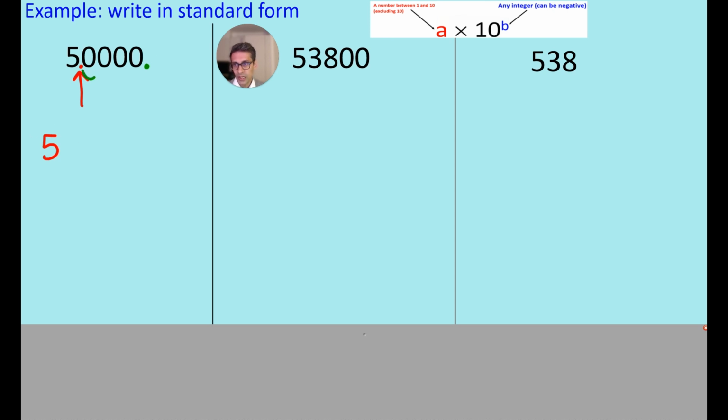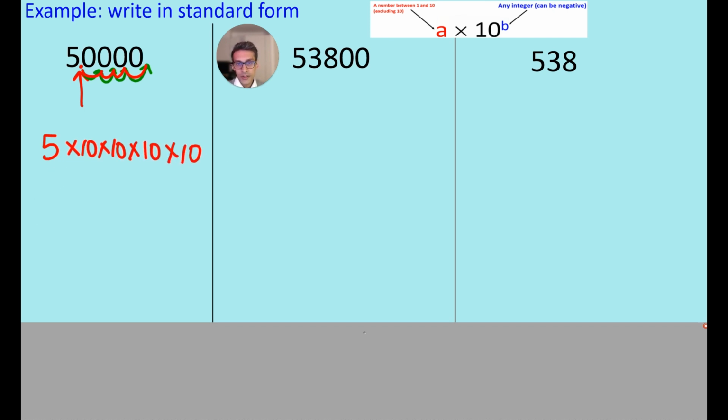So we're going to multiply by 10, 100, 1,000, 10,000. So to write this the long way, we're going to multiply by 10. Let's see how many times we're meant to do that. So 1, 2, 3, 4.